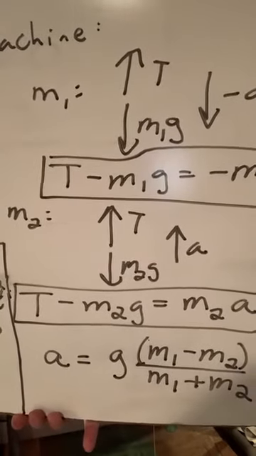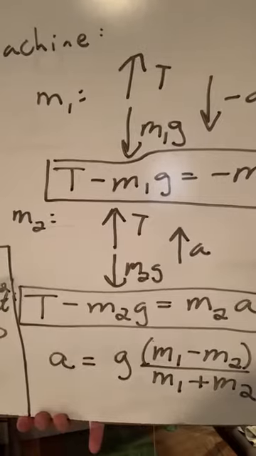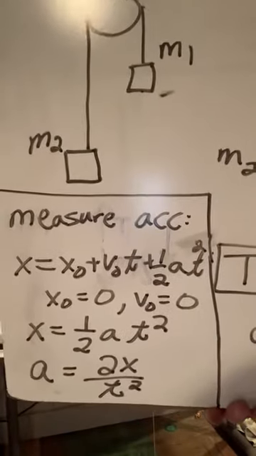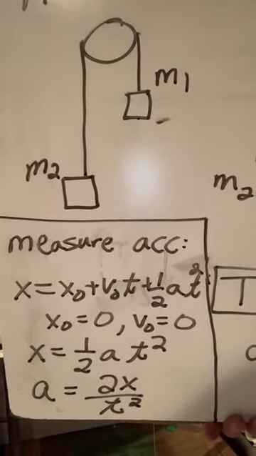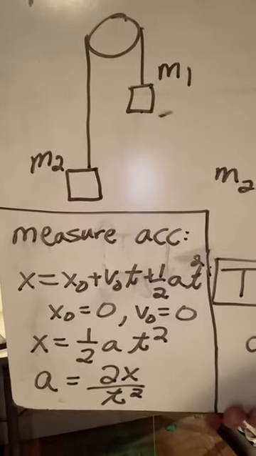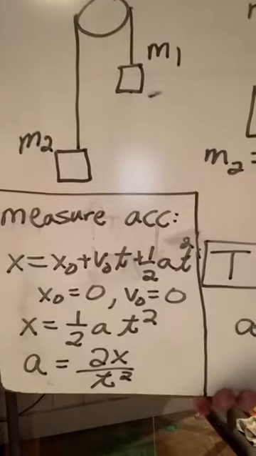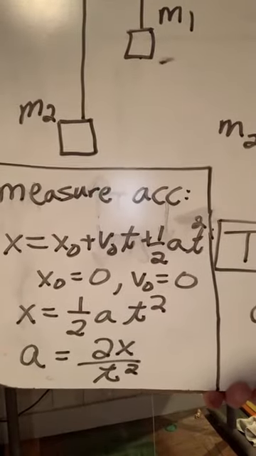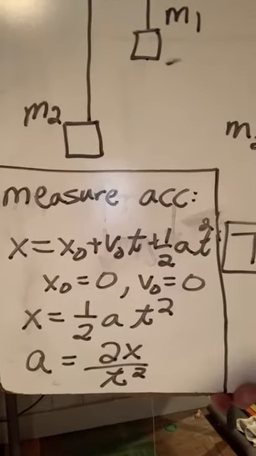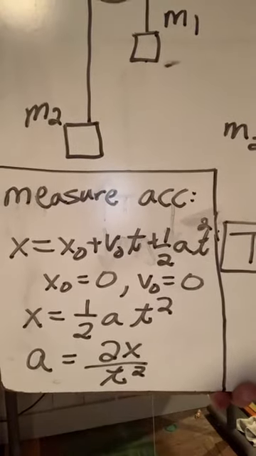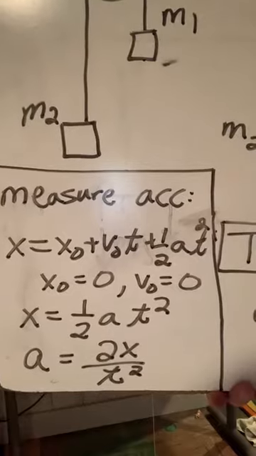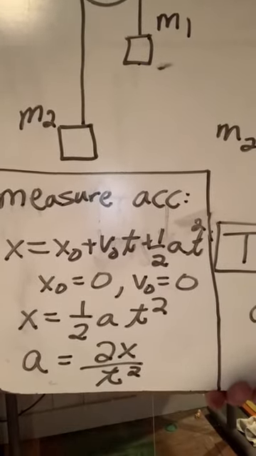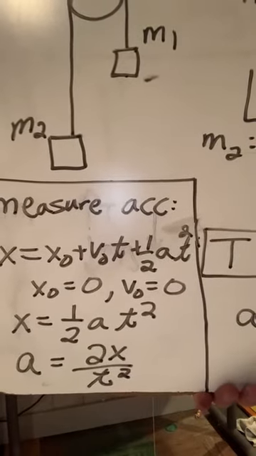So you can ask, how are we going to measure the acceleration? Well, we're going to take advantage of kinematics. If I look at this diagram of the Atwood machine, m1 is some distance above the ground. That distance I'm going to call x, and using the kinematic equation, the final position of mass 1 is equal to its initial position plus its initial velocity times the time, plus 1/2 times the acceleration times the time squared.